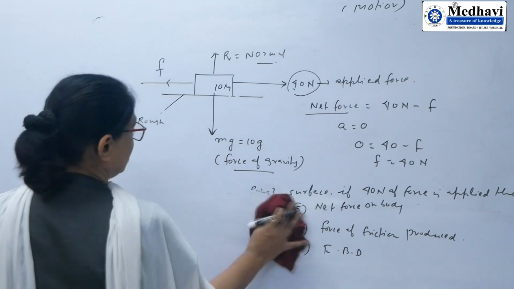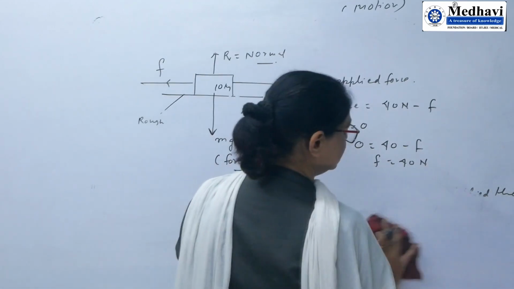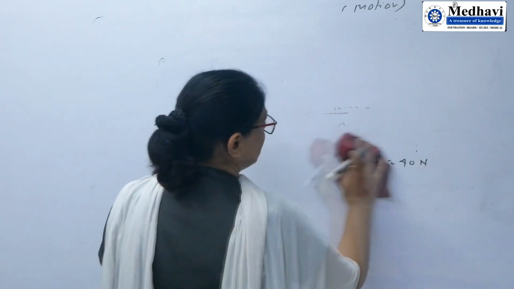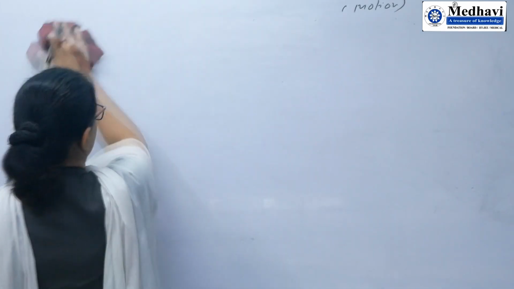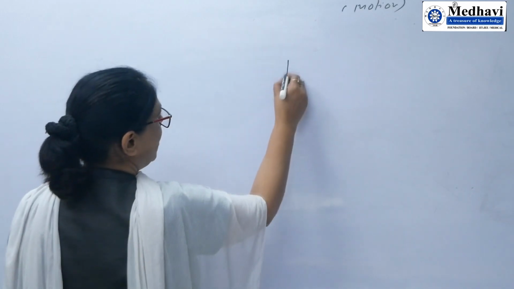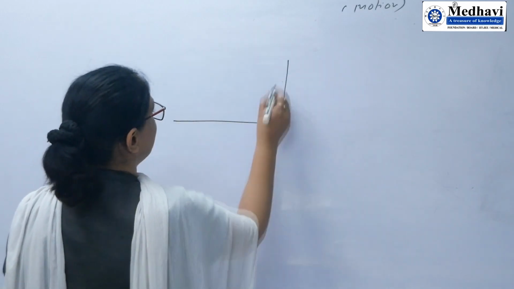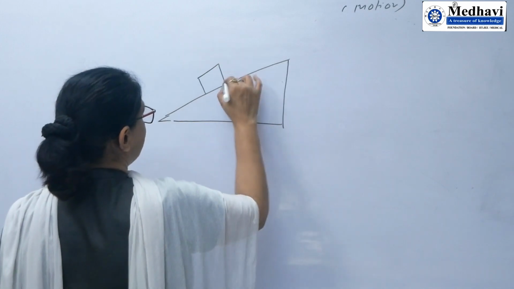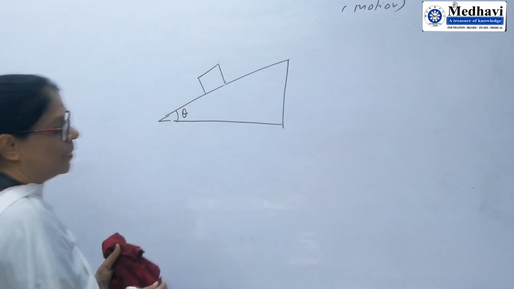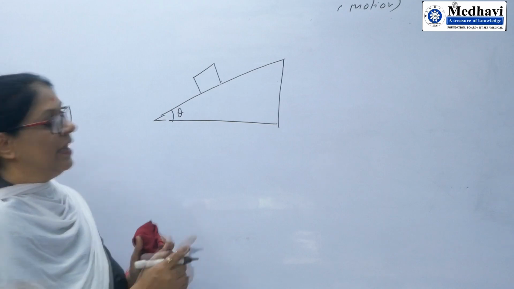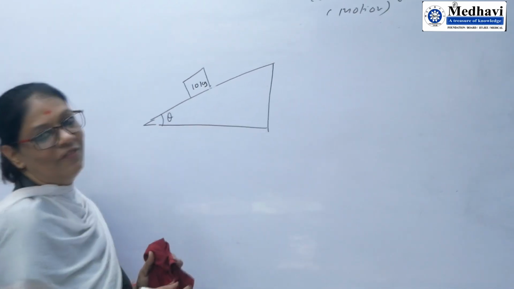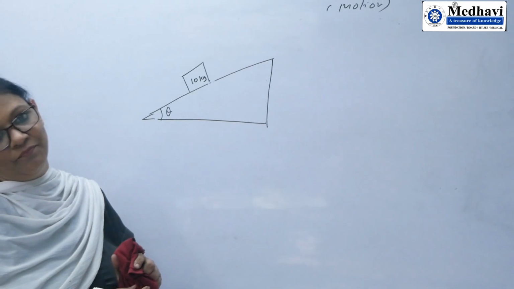Then in the fourth condition, a body is kept on an inclined plane. Very, very important. A body of 10 kg is kept on an inclined plane. Its mass is 10 kg. Find the free body diagram of that body.